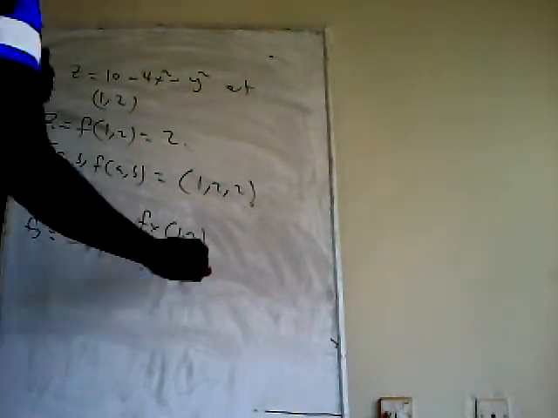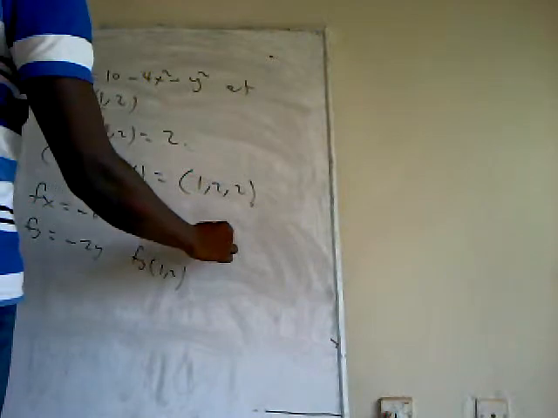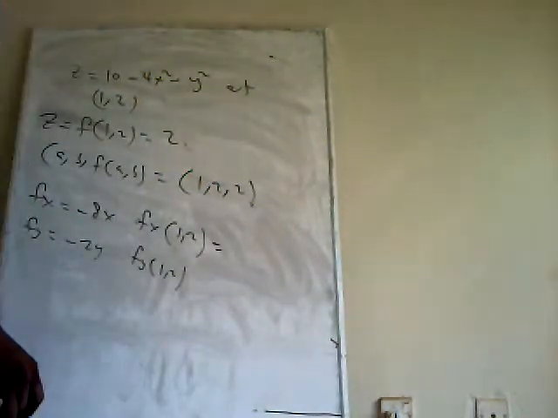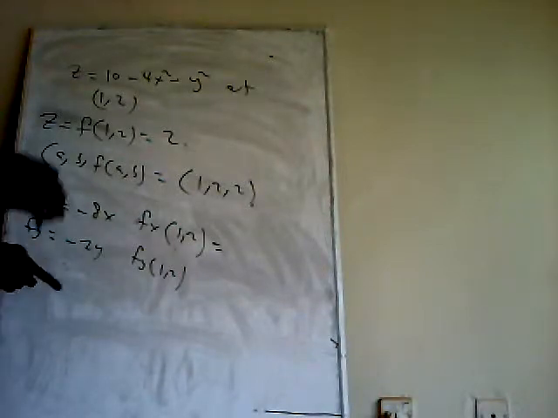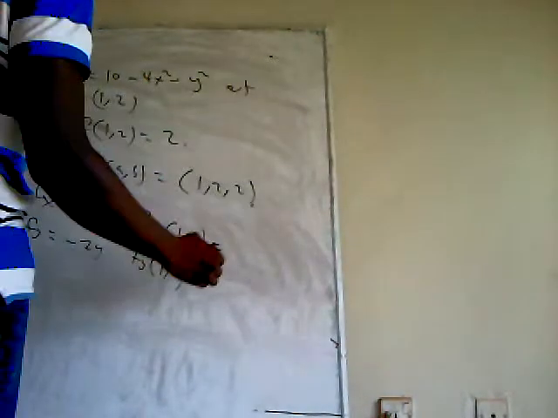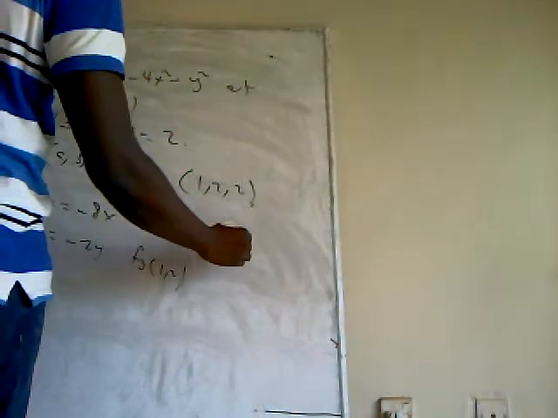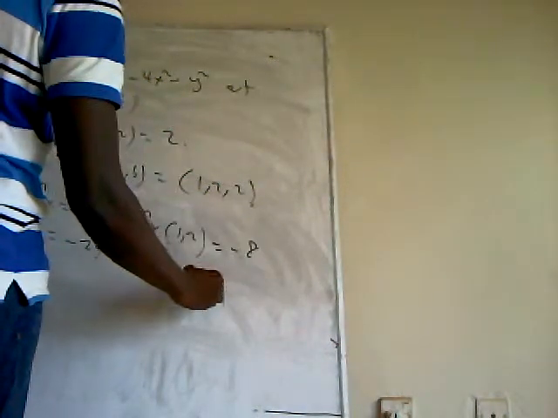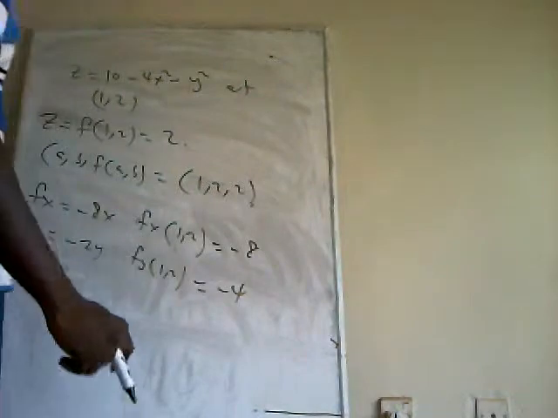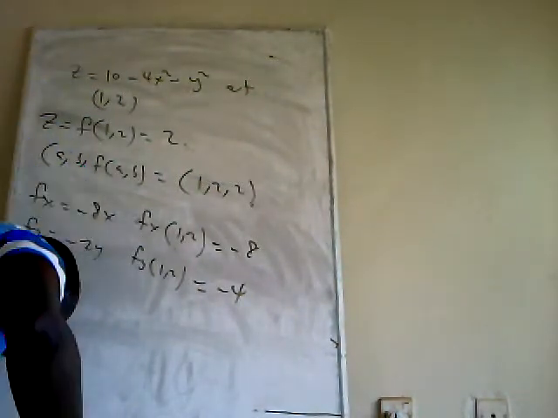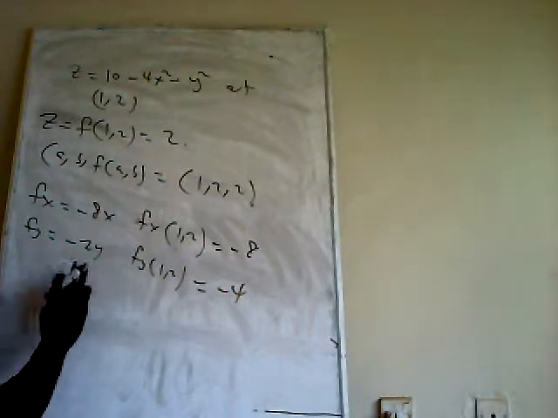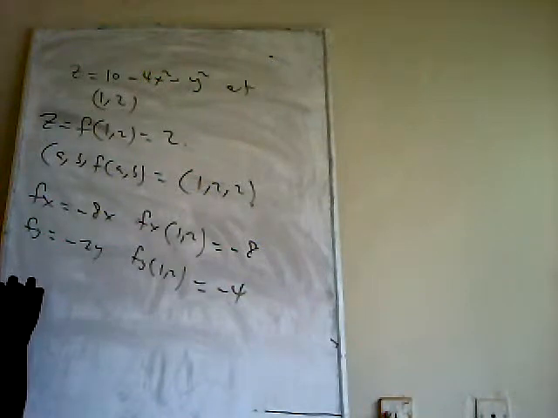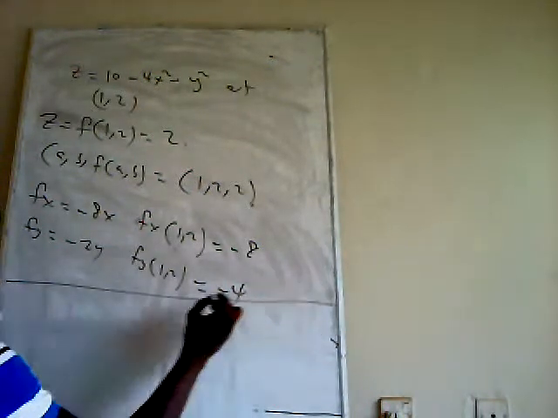This here is giving me minus 8 and this minus 4. So I can write my vector equation now, right?